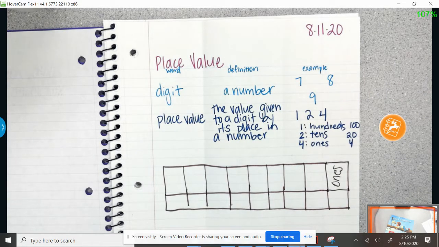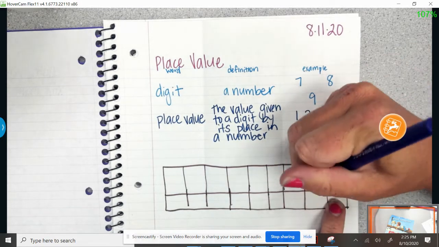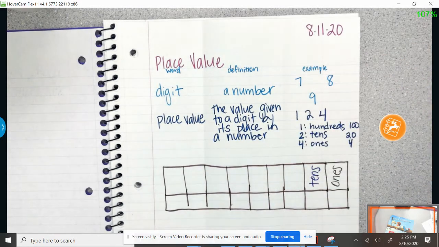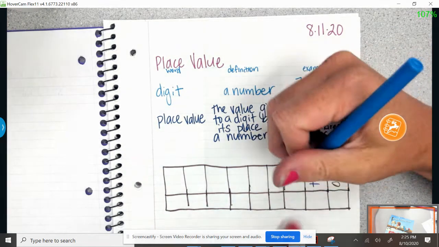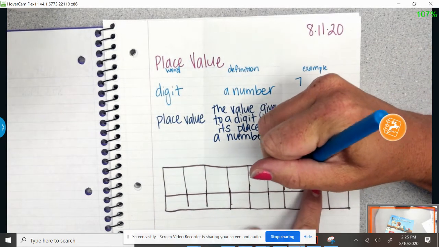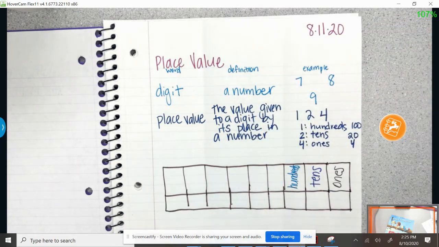So we have our ones, and then we get a little bit bigger by going into our tens. So there's our tens place, and then we get a little bit bigger, and we have our hundreds, okay?